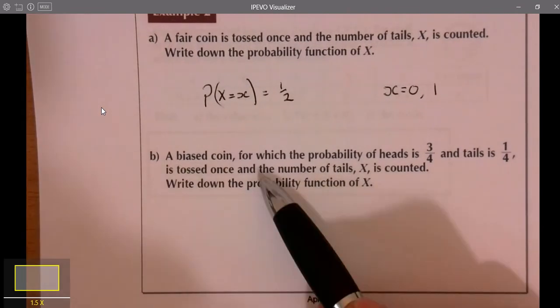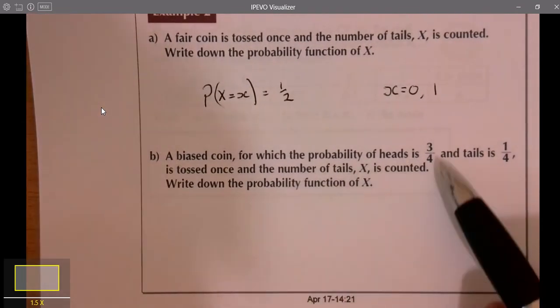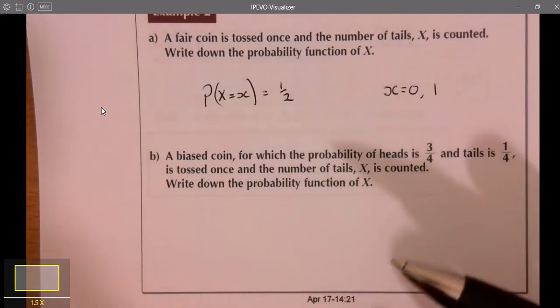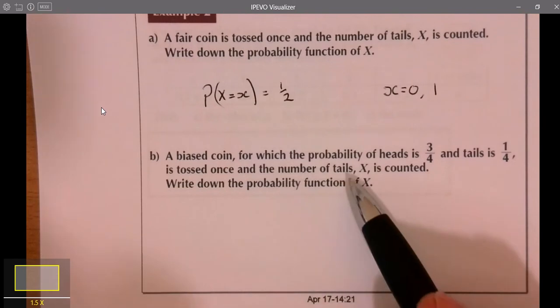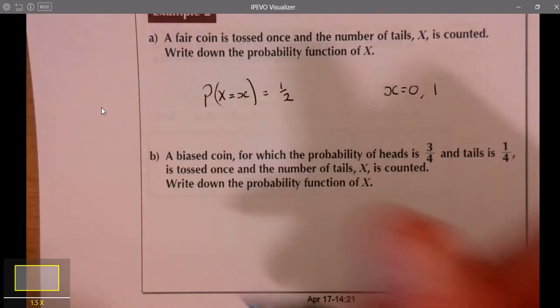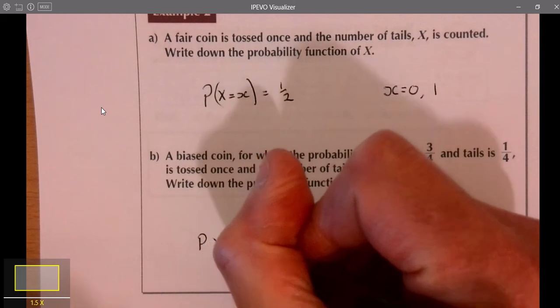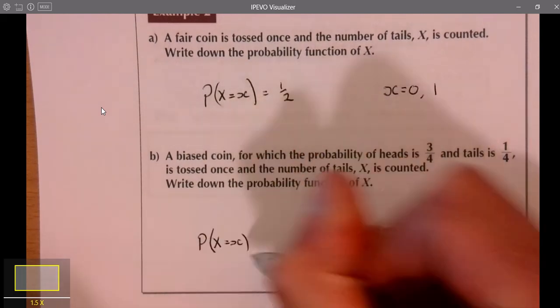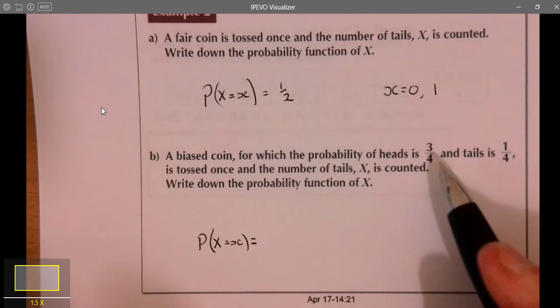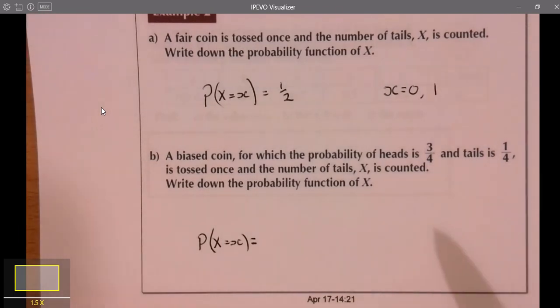A biased coin for which the probability of heads is 3 over 4, and tails is 1 over 4. So again, if I toss the coin, we're counting the number of tails. Let's have a little think about what's happening here. The number of tails that we're going to get is either 0 or 1, but the probability of each one is different.